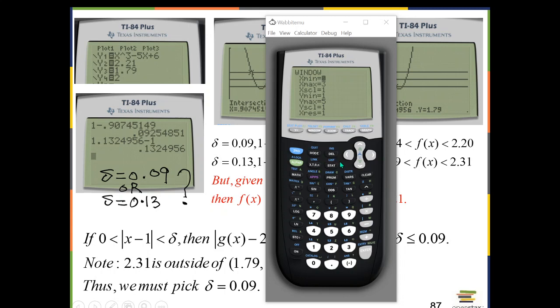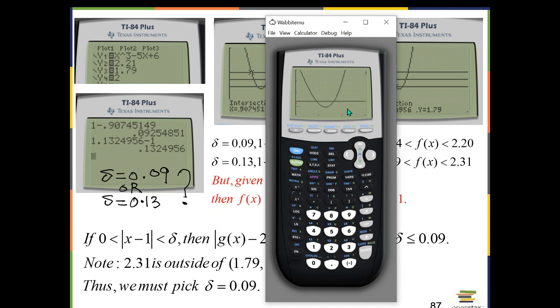So I'm going to make sure 0 to 3 is good for that. And then I'm going to go to y values, y min and y max. Well, notice that our y min and max should include these values here, 2.21 and 1.79, right? So what I'm going to do is I go from maybe 1 to 5 is good. Yeah, I think it's good. Yeah. So here you go. So that's the function.